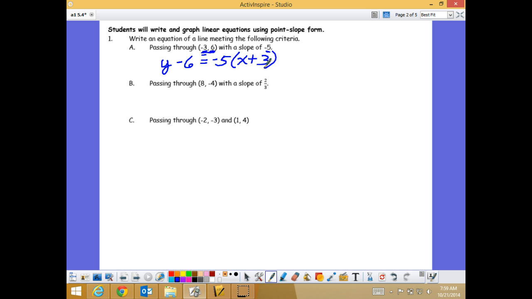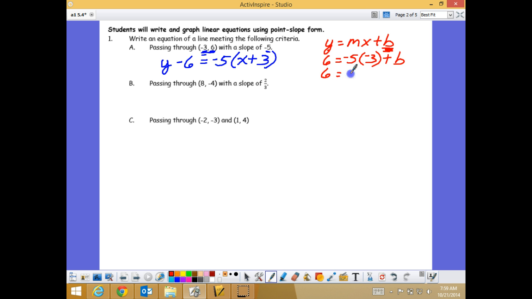Now what we did yesterday, and just so you can see how much more work this is, yesterday we put this in slope-intercept form, y equals mx plus b. So then to find that actual y-intercept, we put the y coordinate in for y, the slope in for m, and the x coordinate in for x, and then we solve this for b.